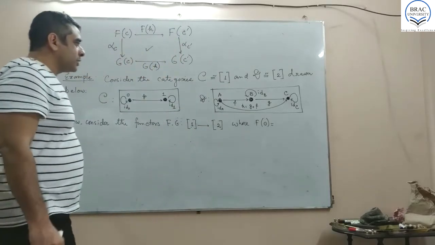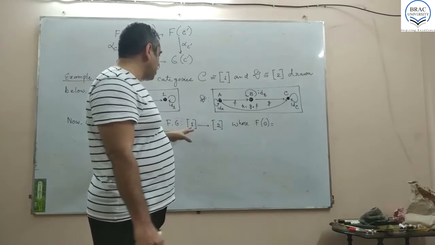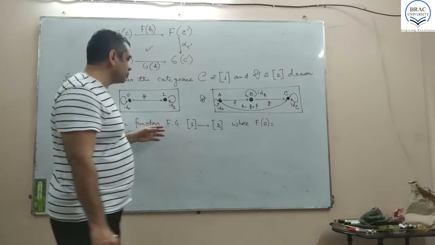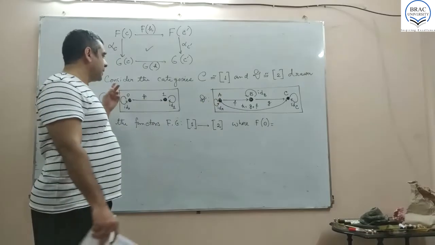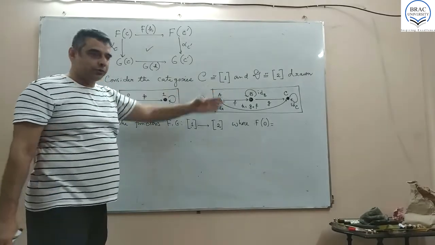So F is a functor from 1 to 2, and F is supposed to take objects to objects and arrows to arrows.